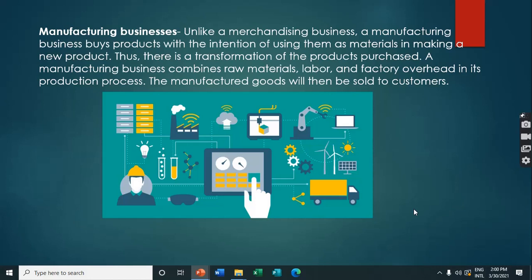Pag merchandising business naman, nag-buy and sell ka. You buy the product and you sell the product at a higher price. Pag manufacturing business naman, bibili ka ng raw materials mo, and that raw materials, you will turn the raw materials into a new product para yun yung ibenta mo. So, I hope naintindihan natin.